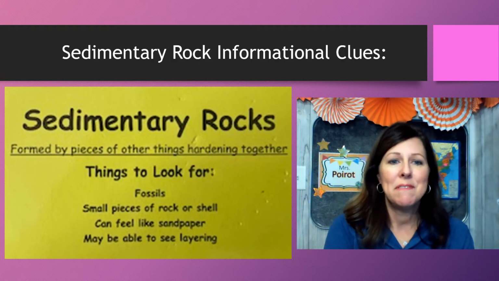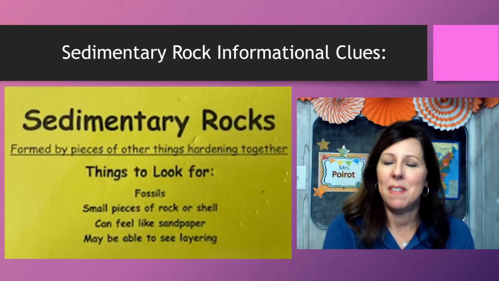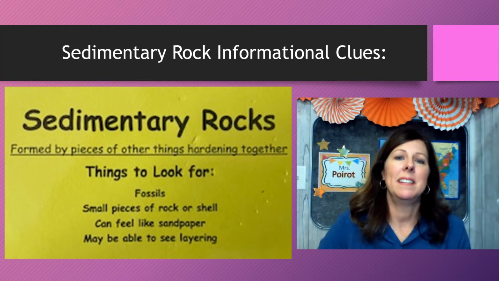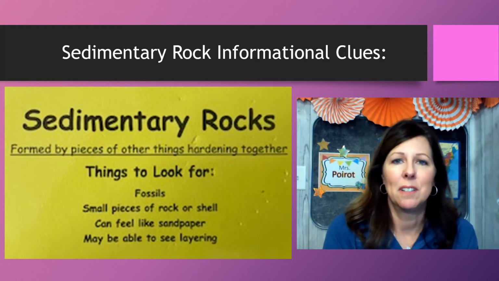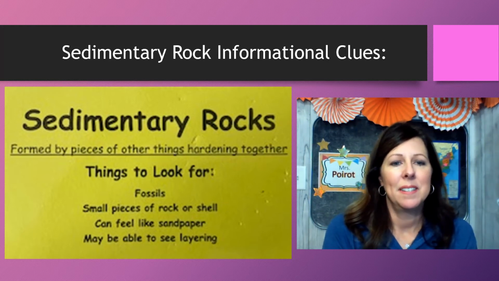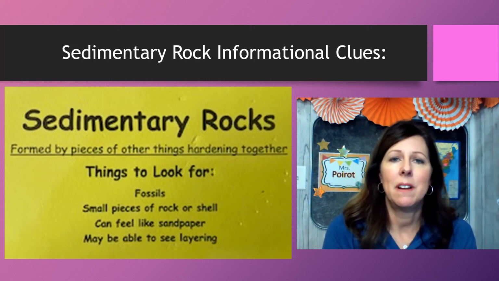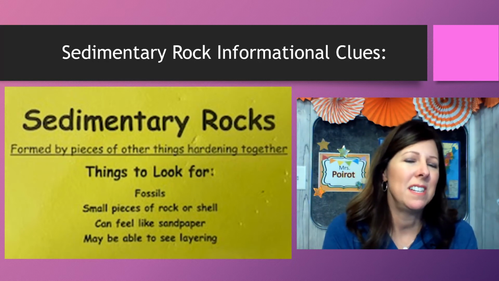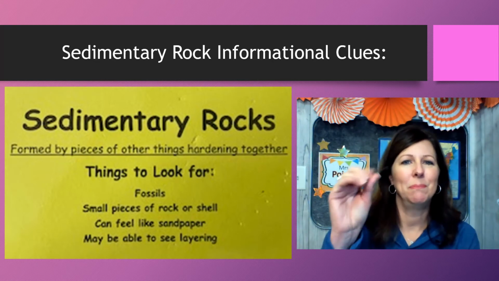Our next type of rock is sedimentary rocks. Remember that sedimentary rocks are formed by sediments that get compressed and cemented together over a long period of time. Things to look for when we are talking about sedimentary rocks: we want to look for fossils. We might see some imprints of different things in these rocks, maybe shells, maybe animal bones.